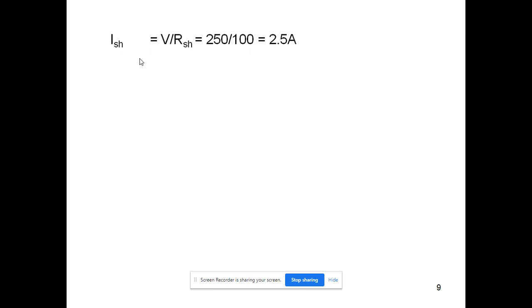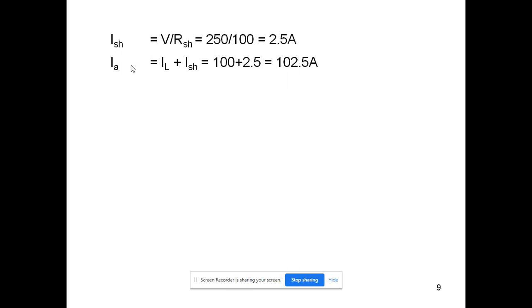That is, Ish is equal to 250 by 100, so we get 2.5 amperes. In a shunt generator, the armature current is the sum of the load current and the shunt field current.